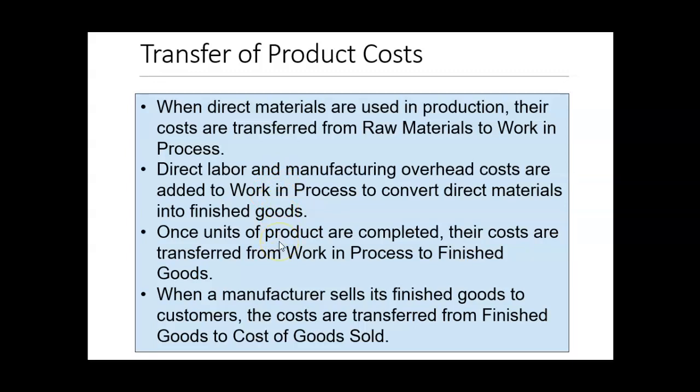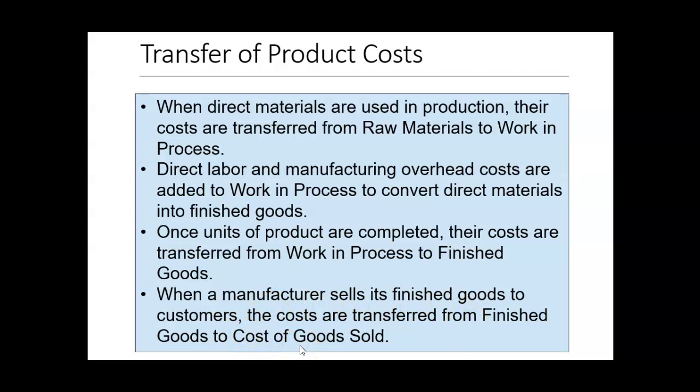Once the product has been completed, its cost is transferred from work in process over to what we call our finished goods inventory. Meaning, the product is now complete and ready to be sold to the end user. Now, when we actually sell that product, it goes from finished goods to another account called cost of goods sold.